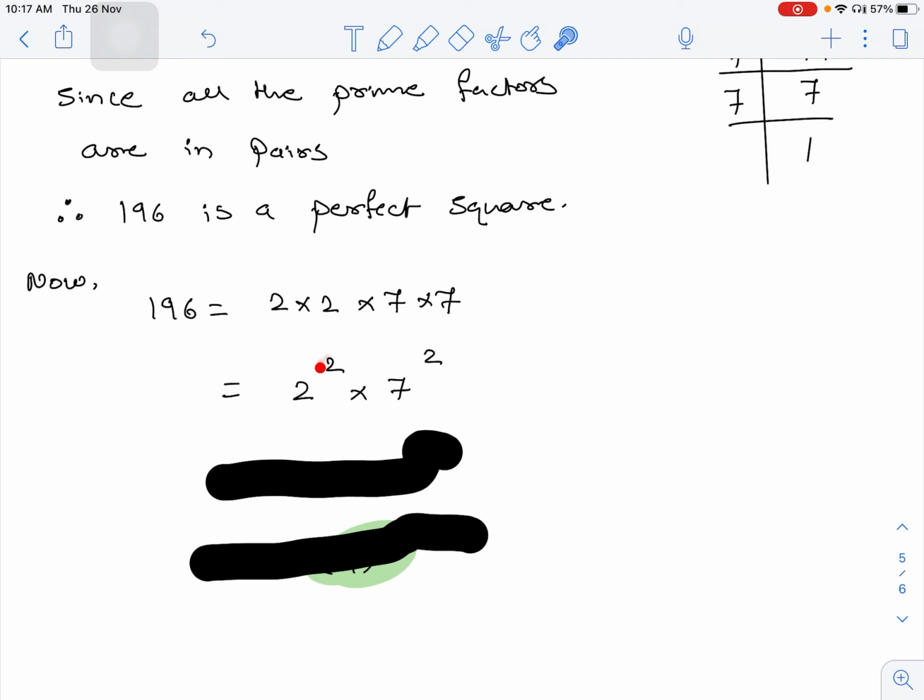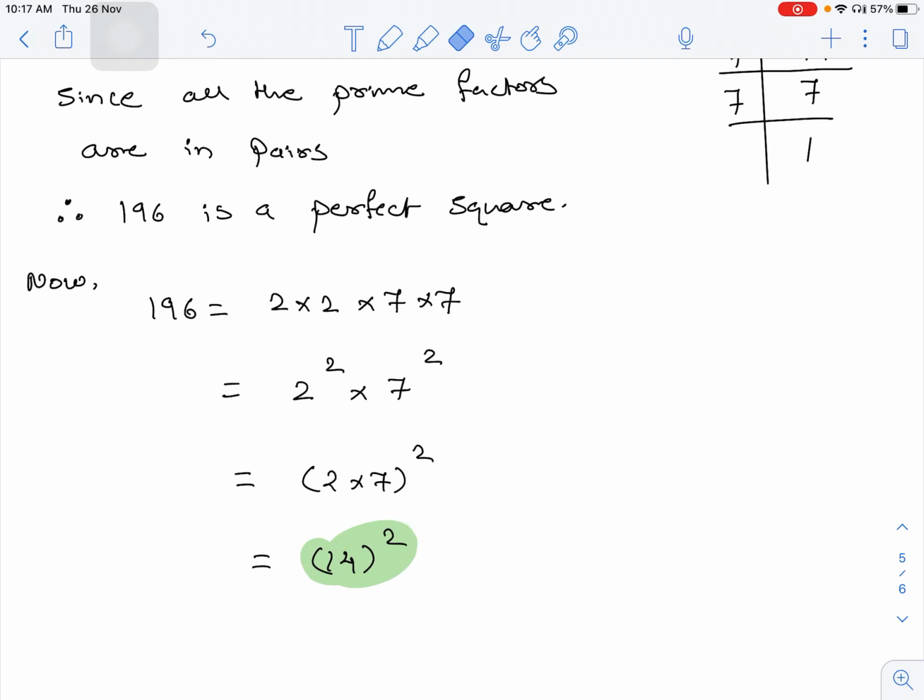Both the numbers have the same power. Okay, so we can write the power only one time and multiply the bases, so we get (2 into 7) raised to 2. Now 2 sevens are 14. So 14 raised to 2. What does it mean? That 196 is the square of 14.